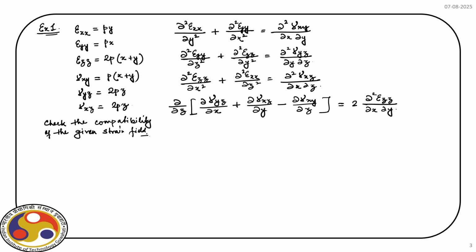So that is the first one involving, you see, on the left hand side we have gamma xy, yz, zx, and on the right hand side we have yz. Similarly, we have 2 more equations.